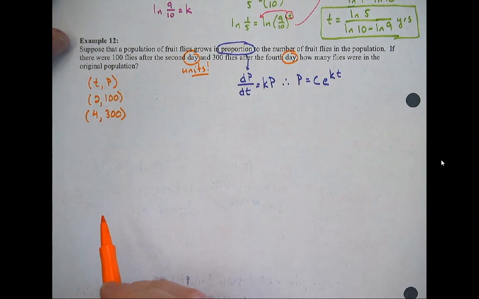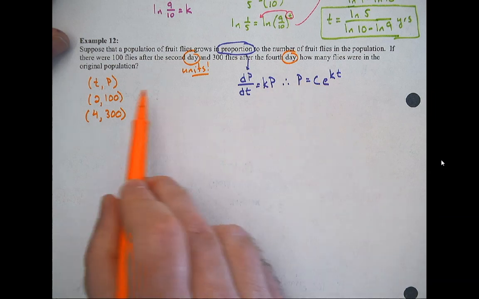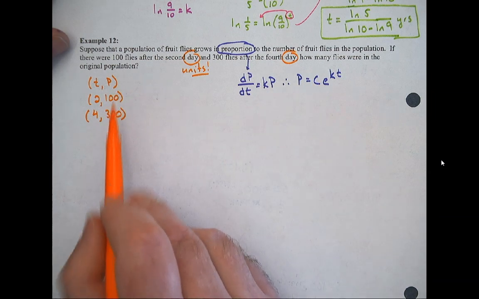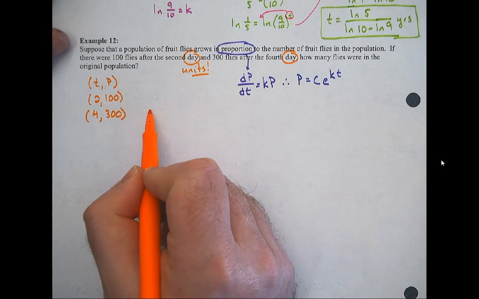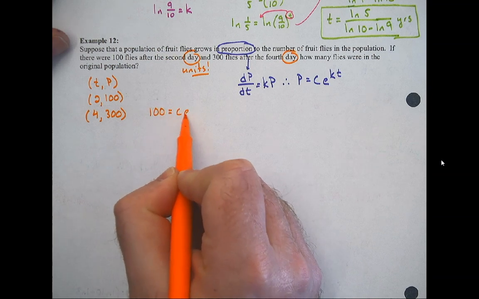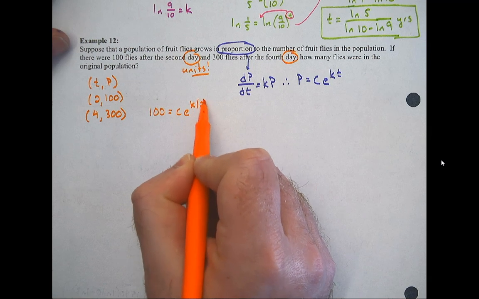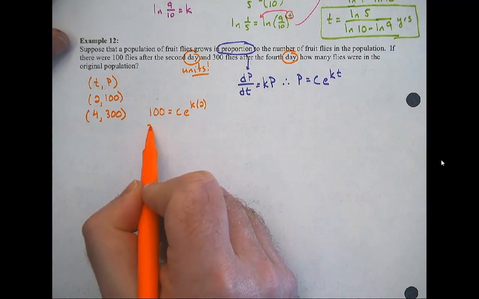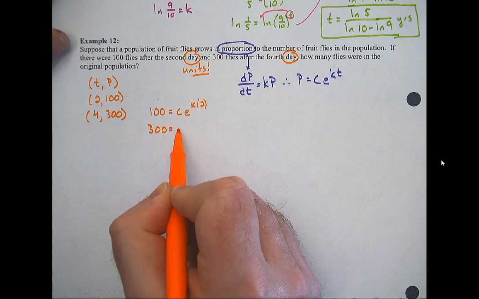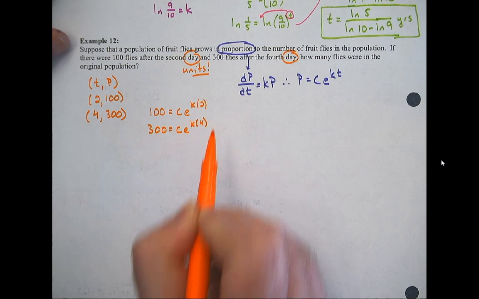So I'm going to take this equation and join it with these 2 points. So my population, 100, is equal to some constant, e to the some other constant times 2. And then 300 equals some constant, e to some other constant, but this time times 4.